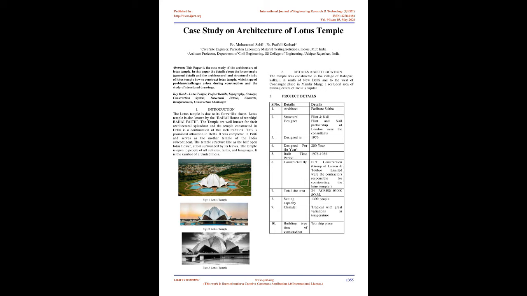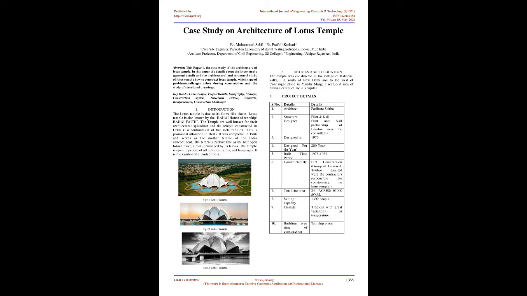3. Designed in 1976. 4. Designed for the year 2000. 5. Built time period: 1978 to 1986. 6. Constructed by ECC Construction, Group of Larsen and Toubro Limited, the contractors responsible for constructing the Lotus Temple. 7.